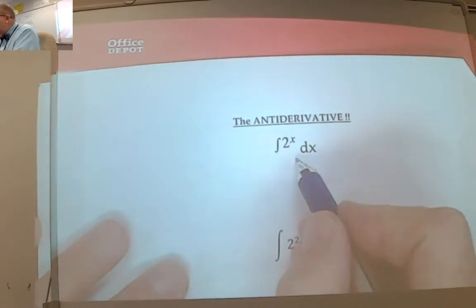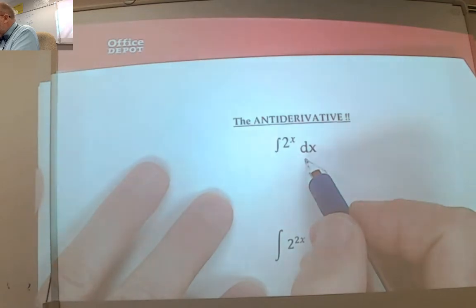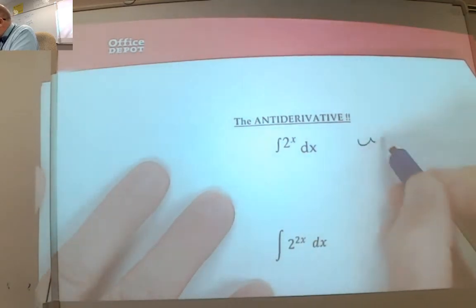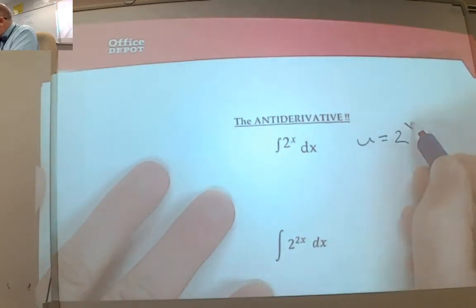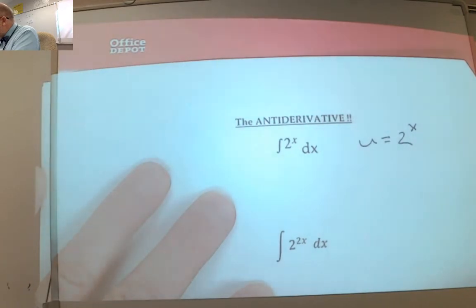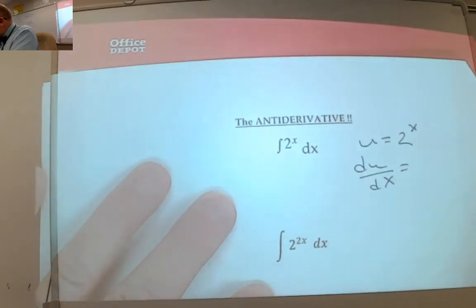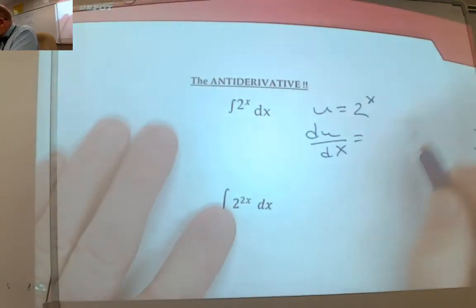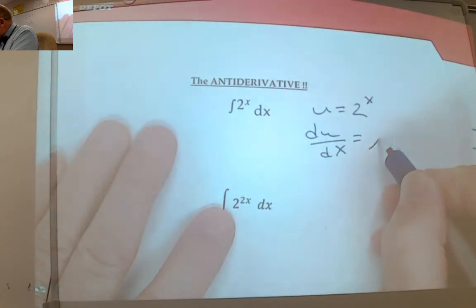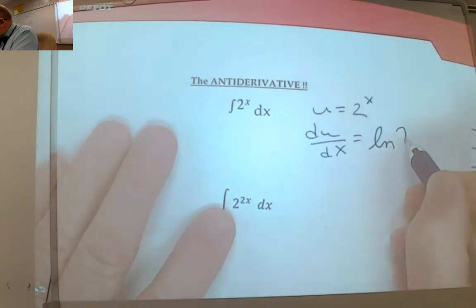So now we're reversing. We're going to do the antiderivative. So I'm going to let u equal 2 to the x. And if I take the derivative of 2 to the x, what do I get, Jack? Yeah, natural log of 2 times 2 to the x.